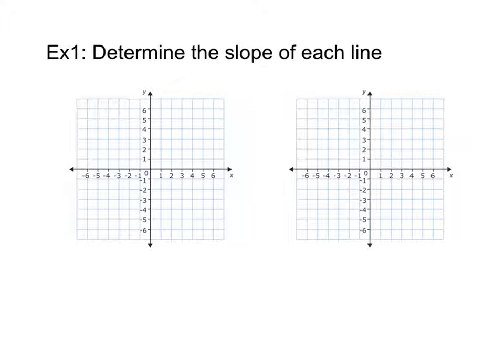Okay, so on this graph, I'm going to make up some problems here that we're going to do. So we're going to determine the slope of each line. Let's see. I'll make up some numbers. That might work out nicely. So this is -3 and 2, and this is 2 and 5. And then maybe I'll put one that's like right here.